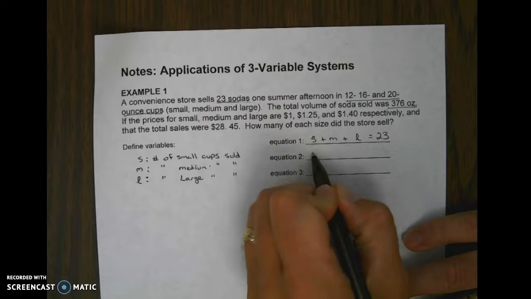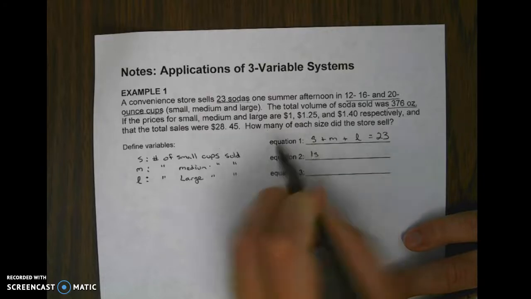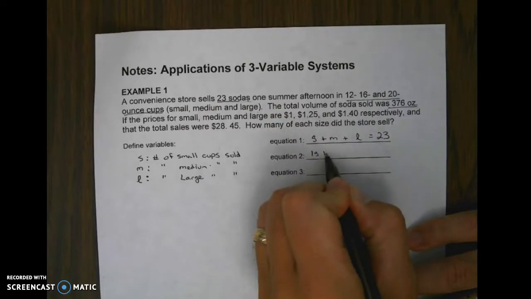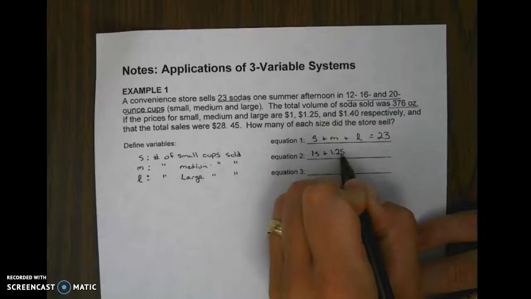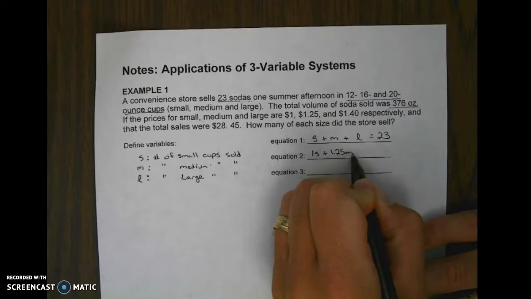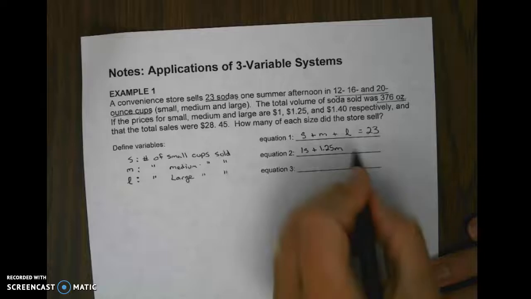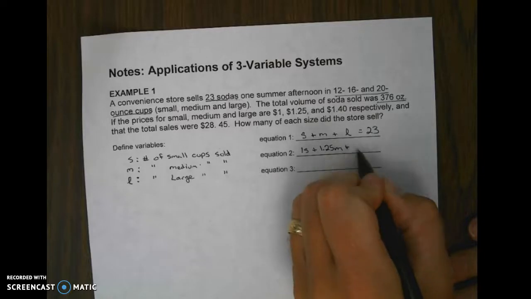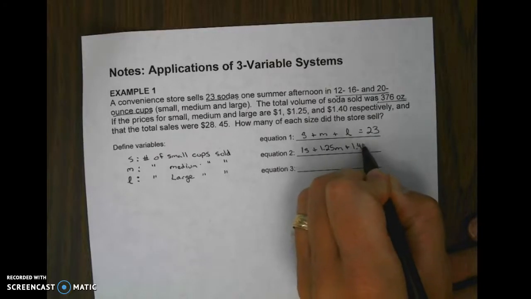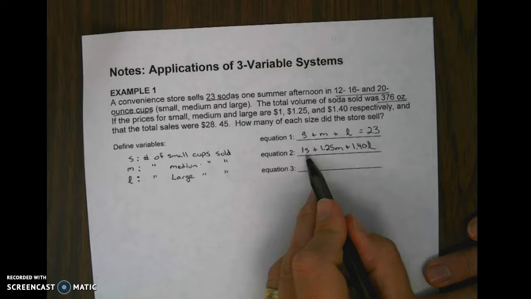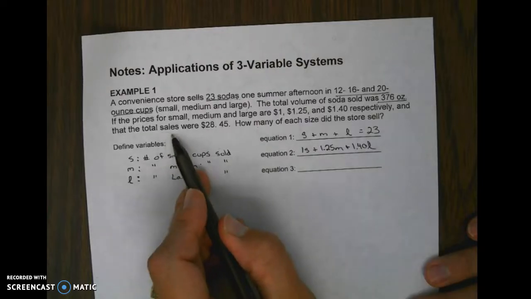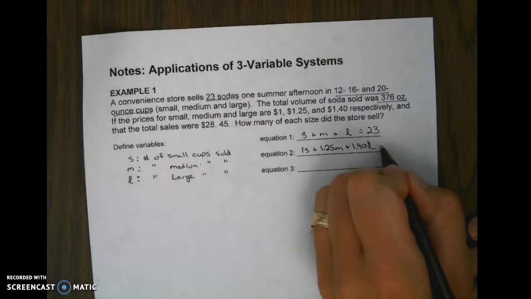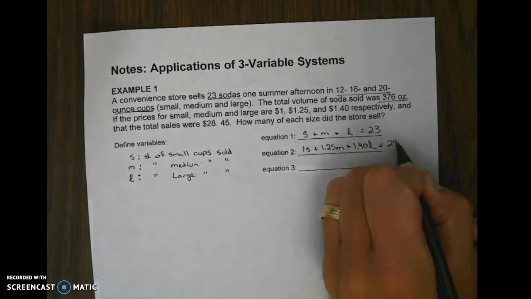So 1S plus the medium is $1.25. Remember, these are rates. And the large is $1.40. So the prices add up to the total sales, which is $28.45.